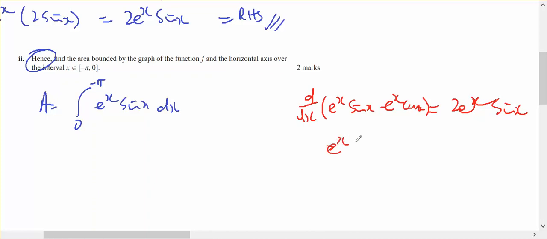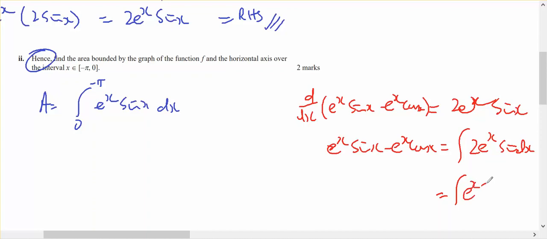Therefore, e to the x sine of x minus e to the x cos of x equals the integral of 2e to the x sine of x dx, which means the integral of e to the x sine of x dx is equal to a half of e to the x sine of x minus e to the x cos of x.